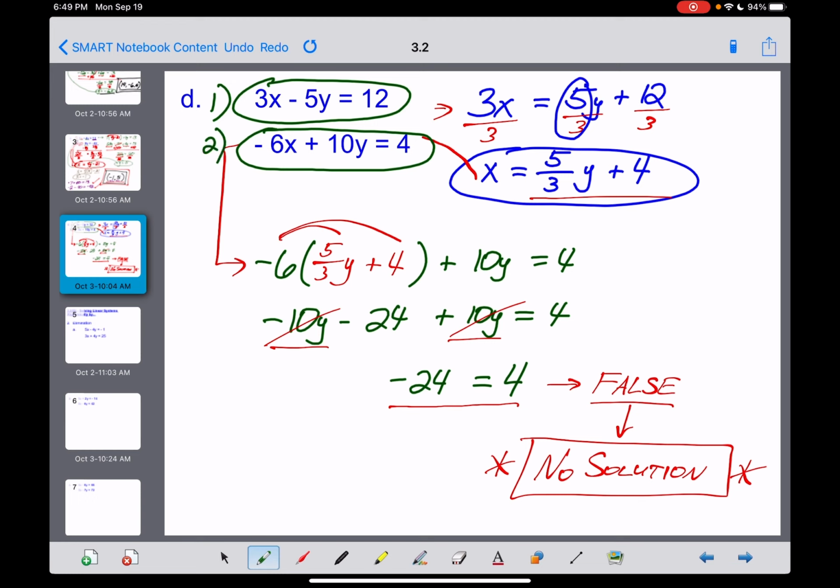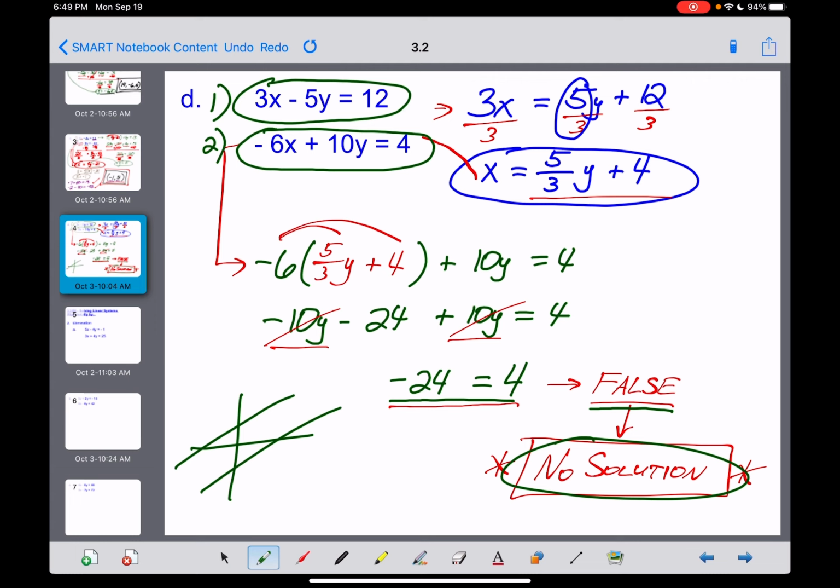Well, the fact that all of our variables dropped out and left us with a false statement means that there is no ordered pair that works for both of those two equations simultaneously. If we were graphing, everybody, this would have been one of those cases where we got two parallel lines that never intersect. Okay, this is just another way of arriving at that, so our answer here is no solution.